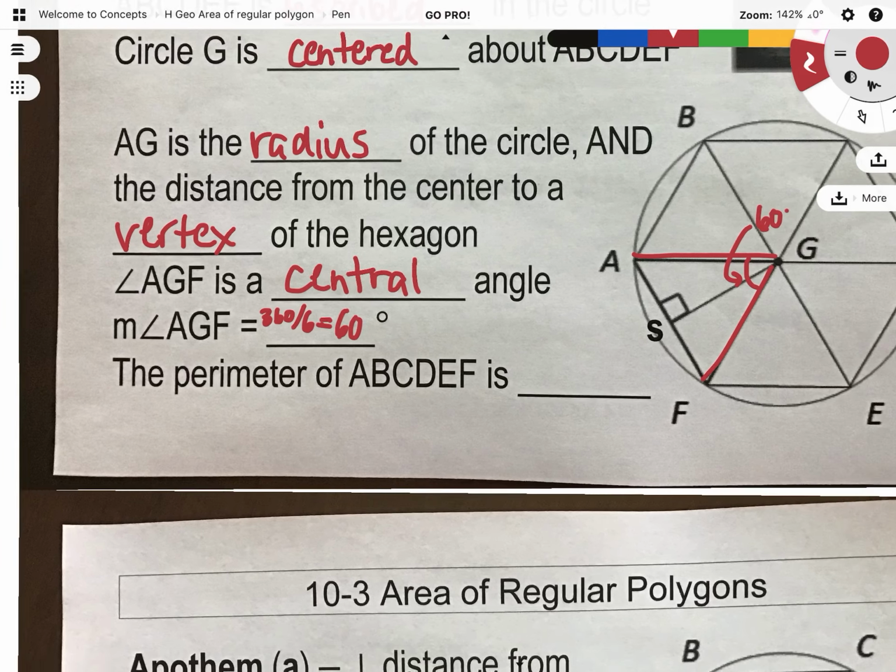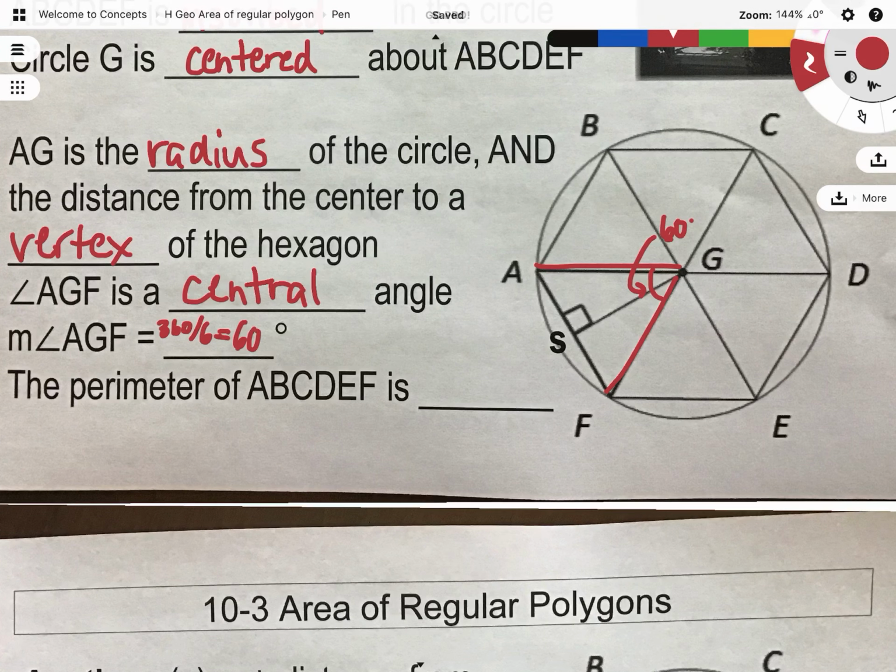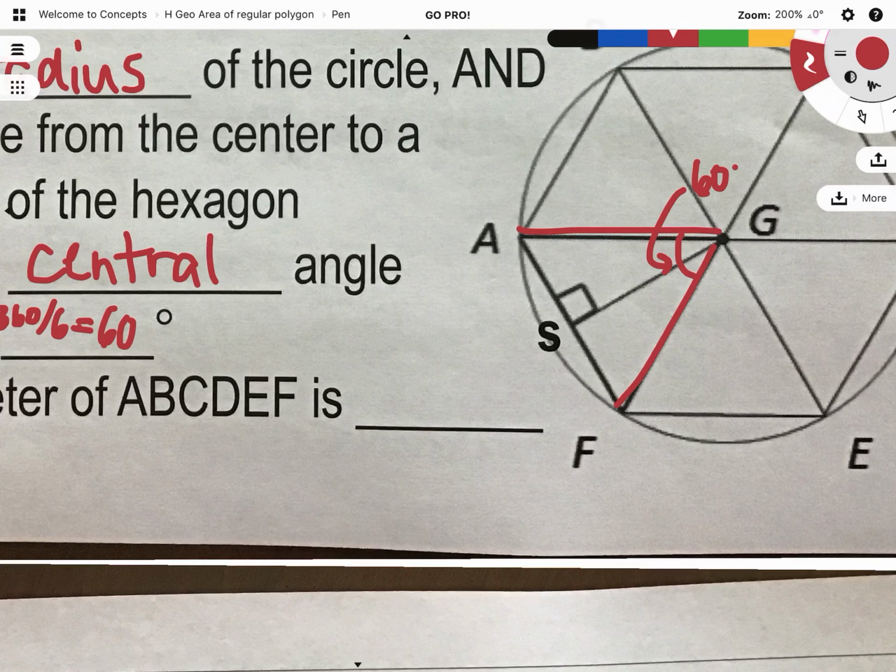So 60 degrees. And then the perimeter, we're going to generalize this because we don't know anything about the lengths. So that is the number of sides n times s, the side length of one of those triangles.